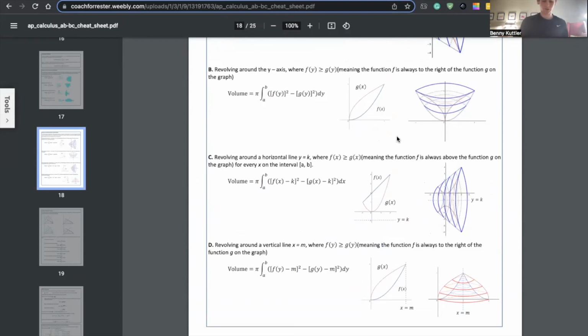Oh, one more thing. When you're asked for an integral in context, I'll just open a whiteboard.